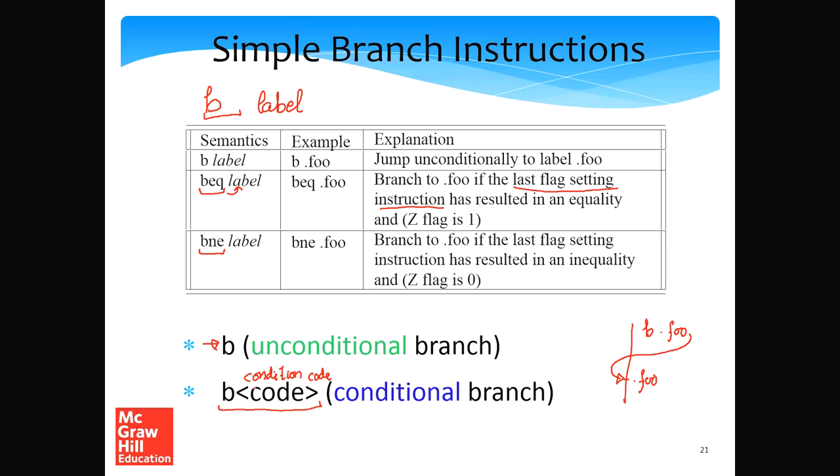This is the format of the branch instruction, where we first have the letter B, and then we have a condition code for the branch. One example of this would be BEQ, where EQ is the condition code for equality, and the other would be BNE, where NE is the condition code for lack of equality. So we have many such branches and condition codes. We actually have 15 such condition codes that we shall see in the next slide.